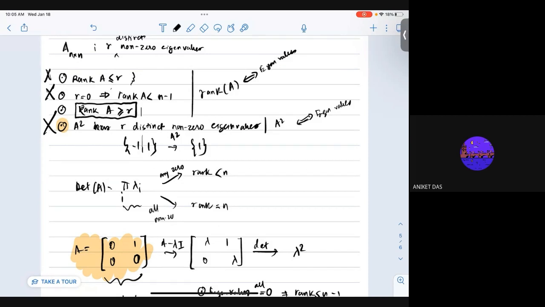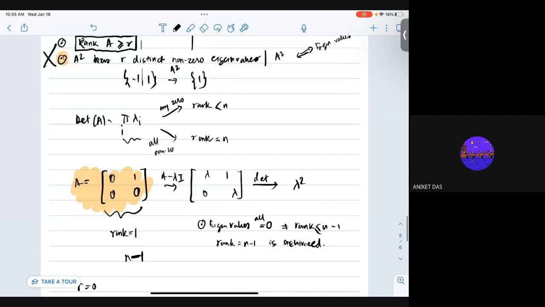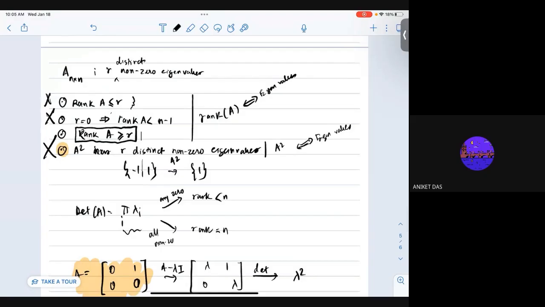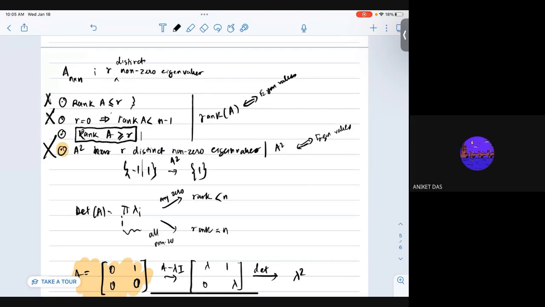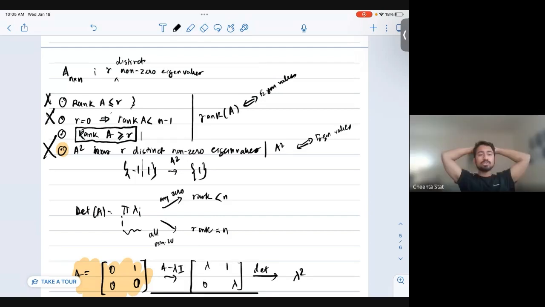No, here it's given r distinct non-zero eigenvalues. So in the example you have taken, A equal to 0, 0, 1, 0, the eigenvalues are 0, 0. So there is no non-zero eigenvalue. There's only the 0 eigenvalue.